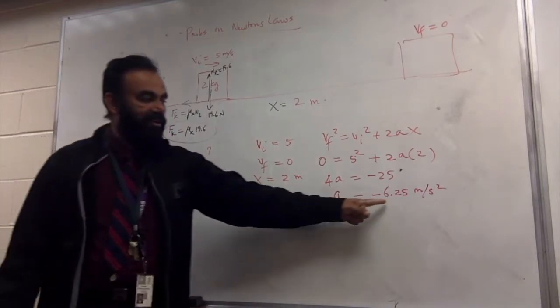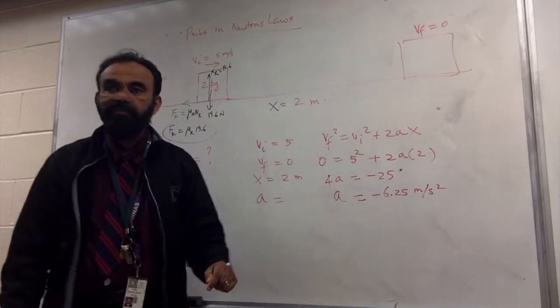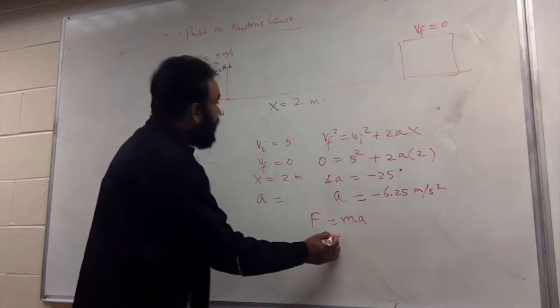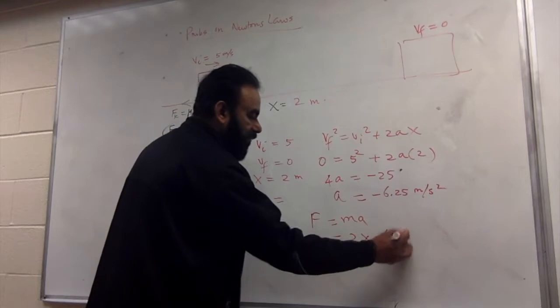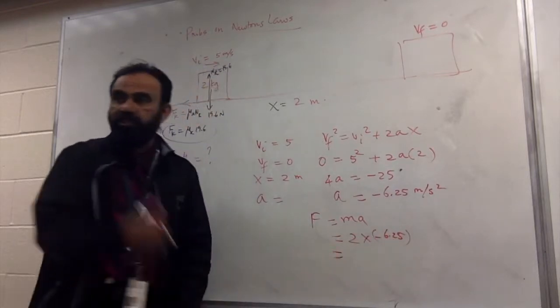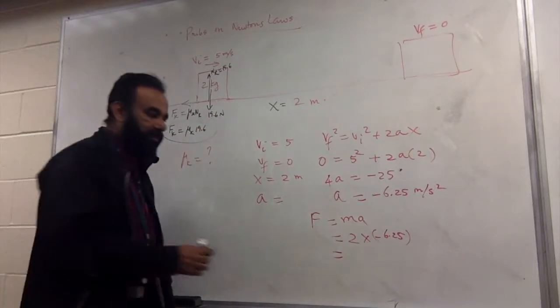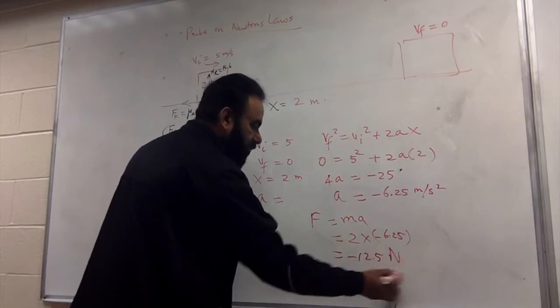If 6.25 is the deceleration, what is the force? Force is equal to mass times acceleration. So mass is 2, so 2 times negative 6.25. That's going to be the force creating this deceleration, and that is negative 12.5 newtons.